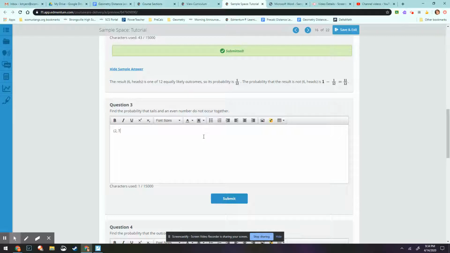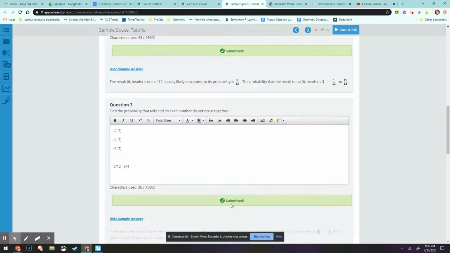So I could get 2 tails, 4 tails, and then 6 tails. These are all the ways that you can get an even and a tail. So there's 3 ways that you can do that. Now if I don't want any of these options because they have tails and an even number together, there's 12 total ways. So in order for it to not happen, I'm going to have 9 out of 12 total possibilities, which would reduce to 3 over 4.